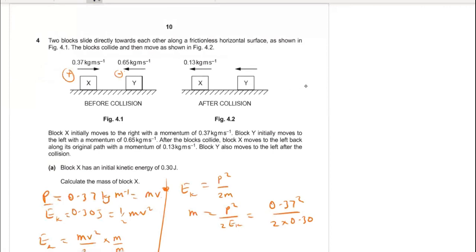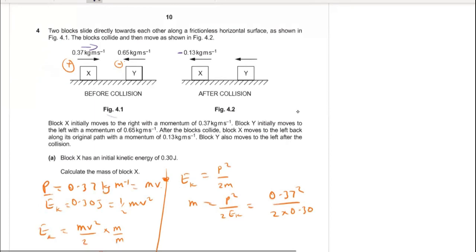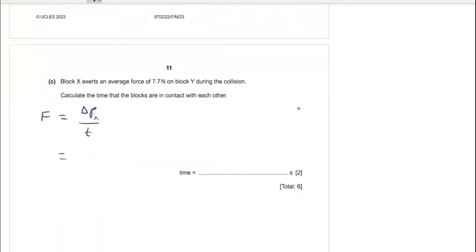Initially X is moving in the positive direction, but after the collision, it is moving in the negative direction. Therefore, we will give this a negative. Before collision it is 0.37. After collision, we have negative 0.13. So the change in momentum will be negative 0.13 minus the initial, which is 0.37, divided by the time taken, t, and this should give us the resultant force, which is 7.7.